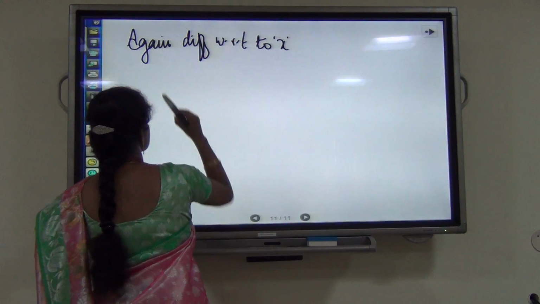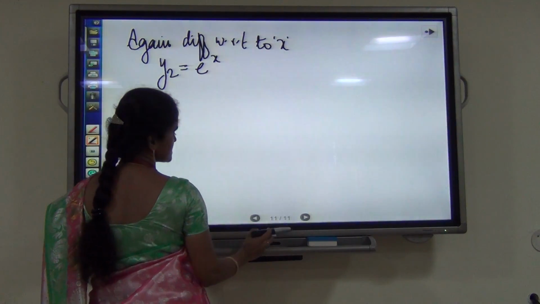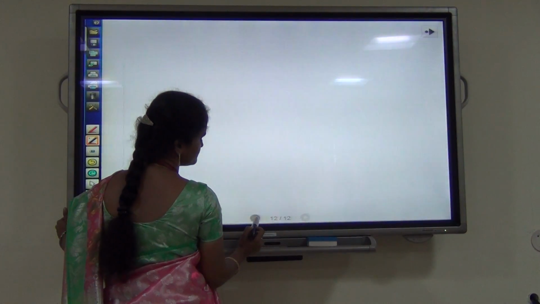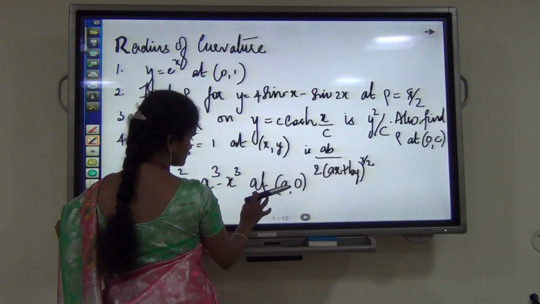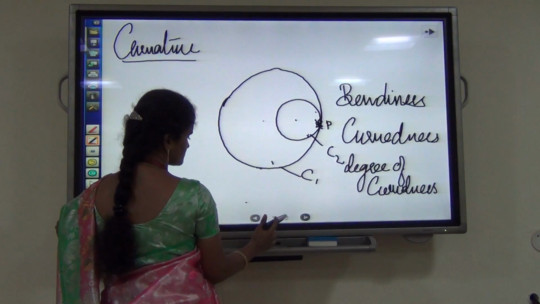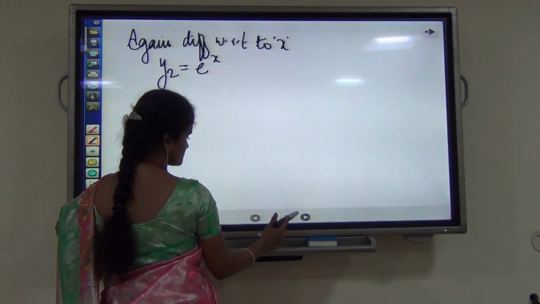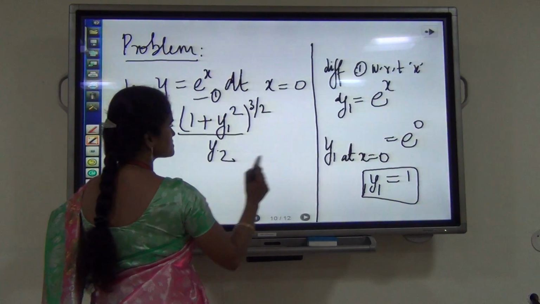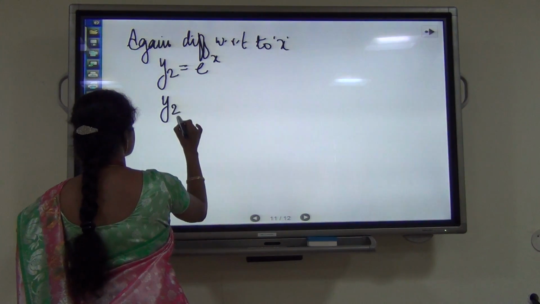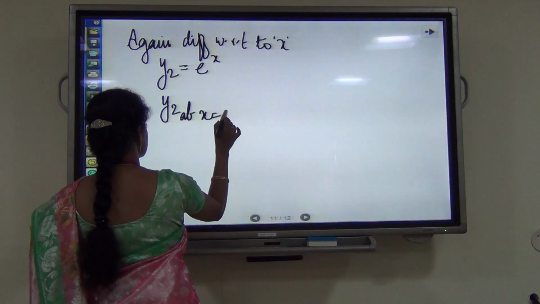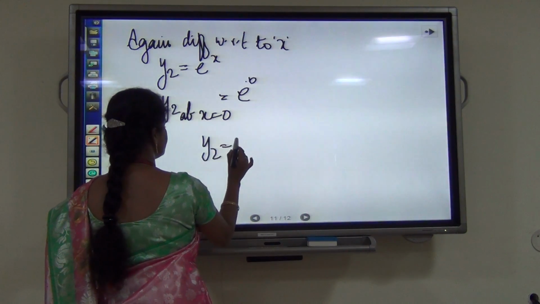That will be y2, and the differentiation of e power x is e power x again. So you get e power x. Now y2 at the point x is equal to 0 is e power 0. So y2 is also 1.